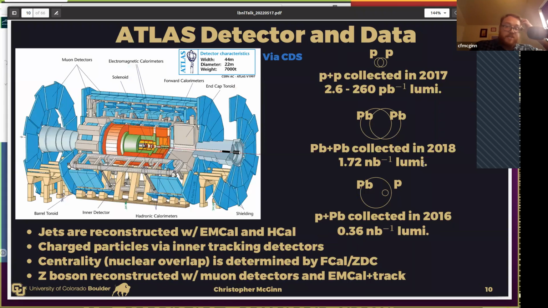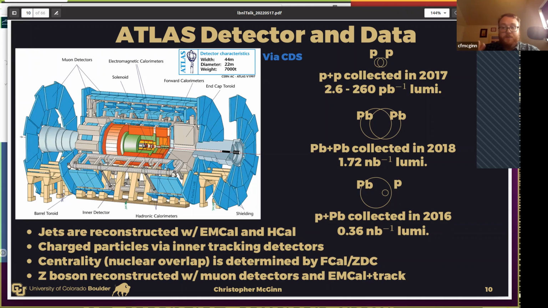The ATLAS detector itself is a very complex machine, a series of interconnected subsystems. In the interiormost, we have tracking subdetectors. These are surrounded by electromagnetic and hadronic calorimetry. And on the outermost, we have muon detectors, forward calorimetry, zero-degree calorimetry, etc.